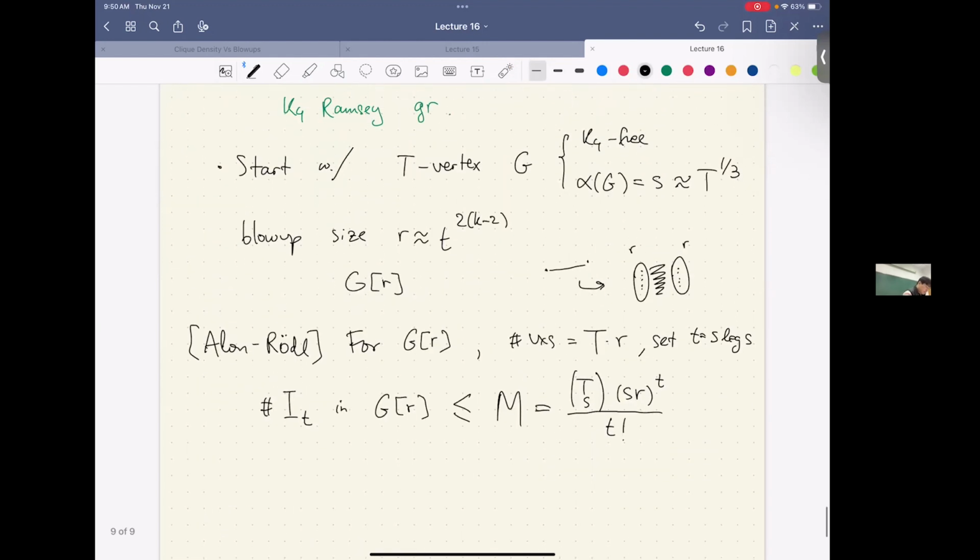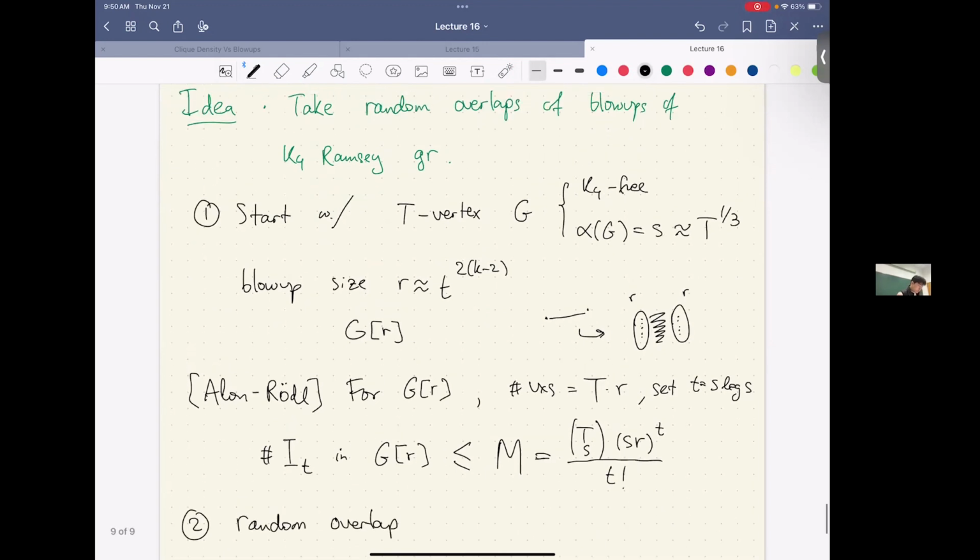Now, let's go to the overlapping part. This is the first step. Second step, random overlap. What does it mean?